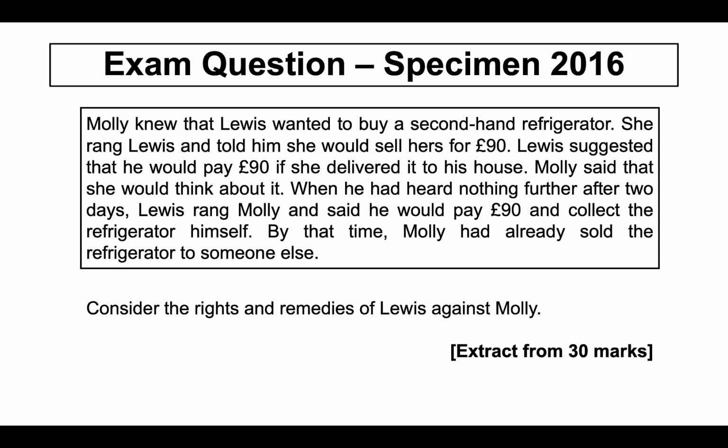Consequently, remedies, I don't think I'm really going to touch on that in this video yet, but he could be seeking things like, not just damages, but maybe specific performance, forcing Molly to give him that fridge. So if you want to pause the video or plan an answer to this, I'm going to go through an answer plan of sorts for now.